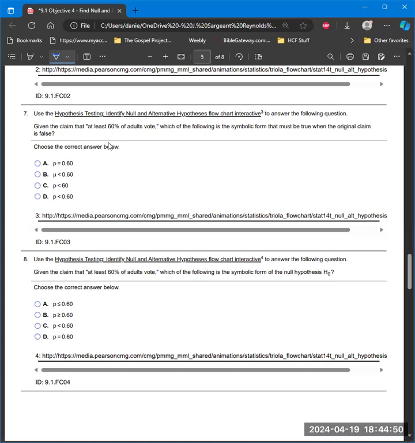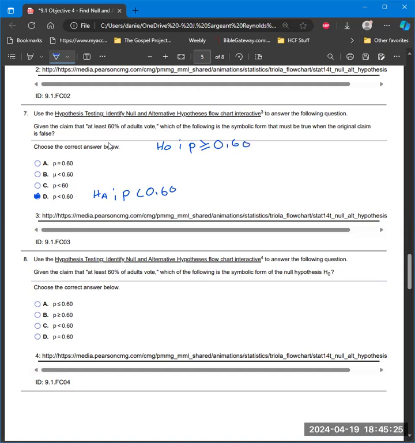So that is going to be B. This is a P. This is D. P less than 60%, our H naught would have been P greater than or equal to 60%.